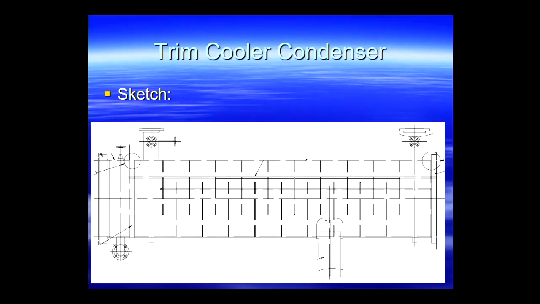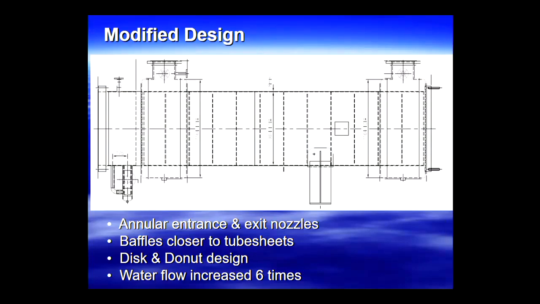I was asked to replace this vessel, and I replaced it with this design, which is totally different. It first of all had an annular entrance instead of just this little nozzle in the side of the vessel, so you got much better coverage and eliminated the dead pockets. I put the baffles closer together so you get better velocity on the shell side, and we also used a disc and donut design, which gives you better heat transfer, and water flow was also increased 6 times.